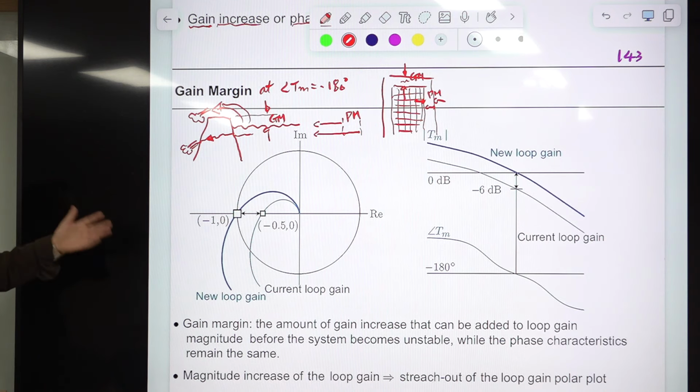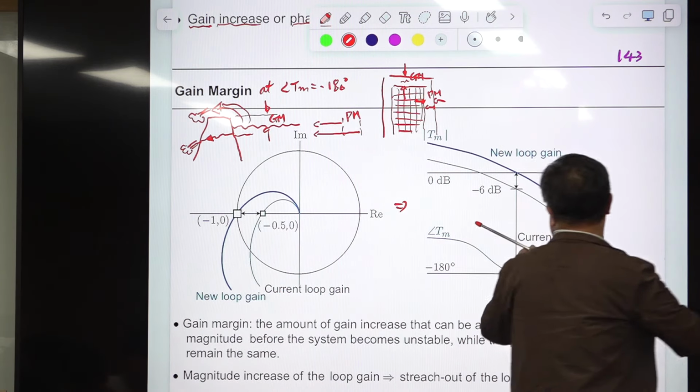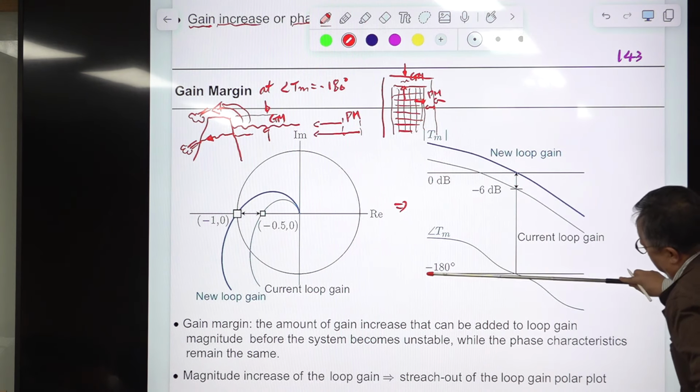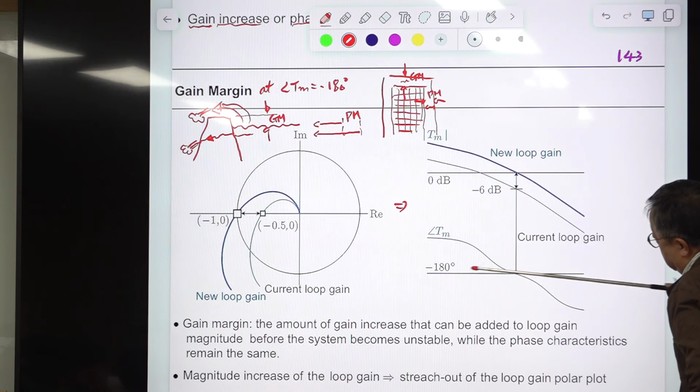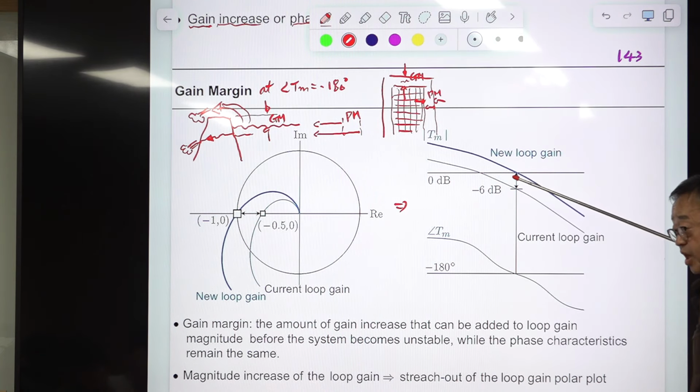And the same information will be transferred to this plot. Okay? So this black line is the original stable one. At this frequency, where the phase falls to minus 180, the gain is below this 0 dB line. Okay?